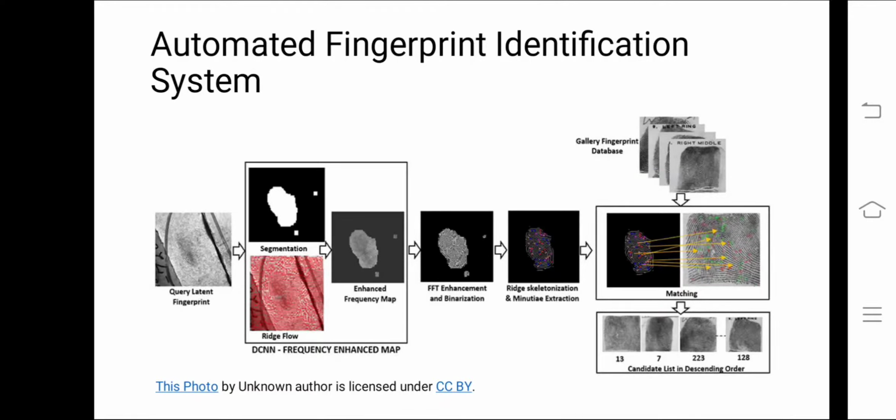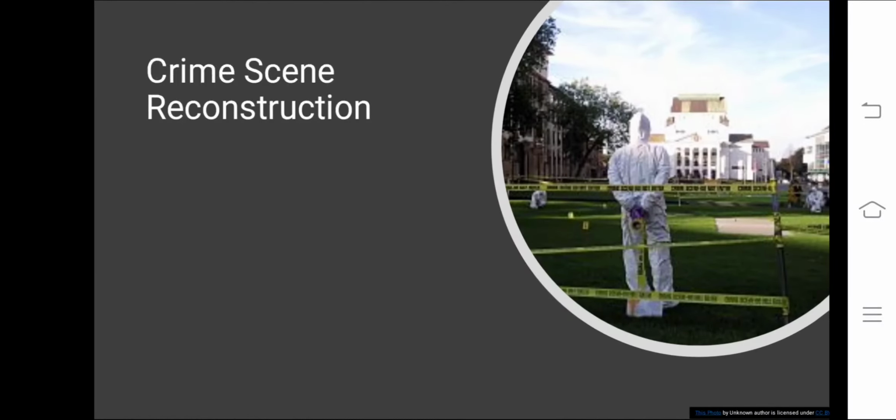The next one is this one. Another use of digital photography in law enforcement is crime scene reconstruction. Crime scene reconstruction is a scientific method wherein physical evidence, or the images, will be used in deriving a certain conclusion pertaining to the crime.